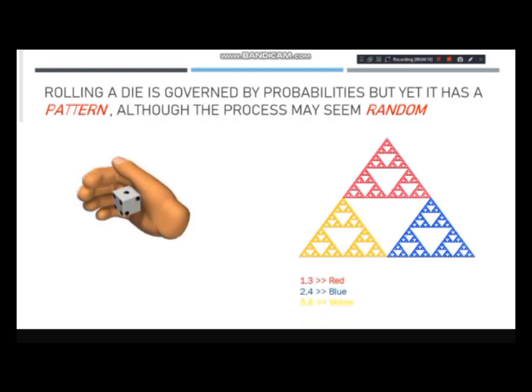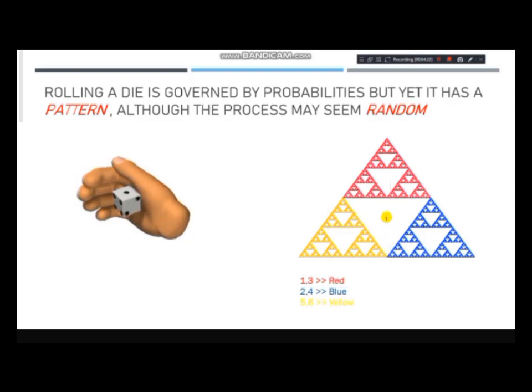Let's say this is my initial position. If I get 1 or 3 after I roll my die, I will start moving towards this point.